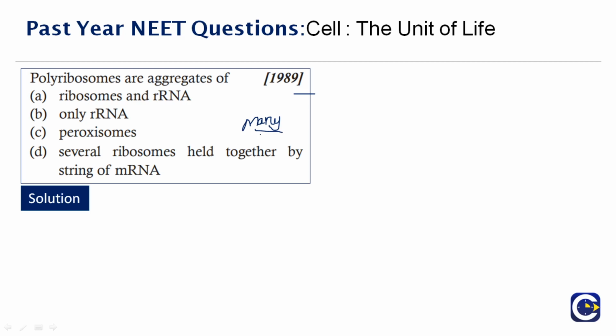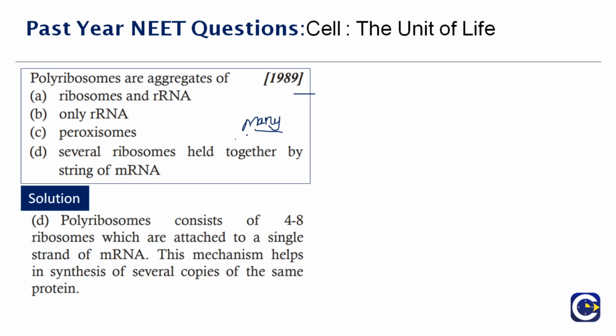This mechanism helps in the synthesis of several copies of the same protein. Why is this synthesis necessary? When we have to synthesize proteins of the same type, we need this mechanism. Therefore, the correct answer is option D, several ribosomes held together by a string of mRNA. What does M stand for here? M stands for messenger RNA. Easy question in fact.